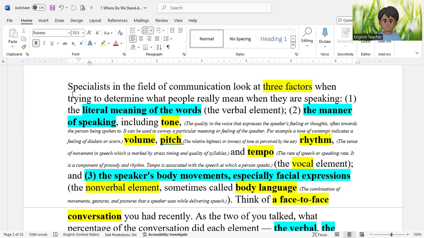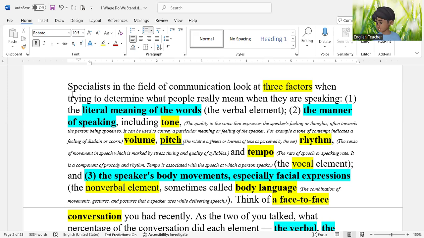The number two is the manner of speaking, how people say it. For example, tone. What is tone? Tone is a quality in the voice that expresses the speaker's feeling or thought, often towards the person being spoken to.